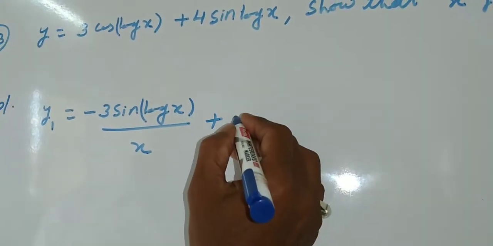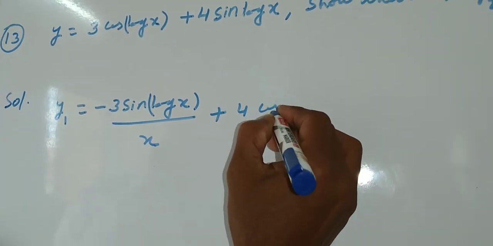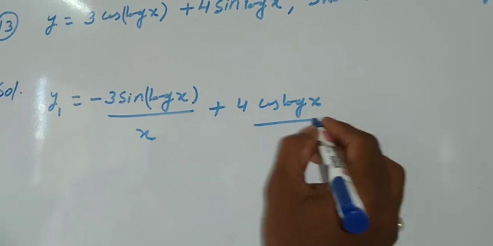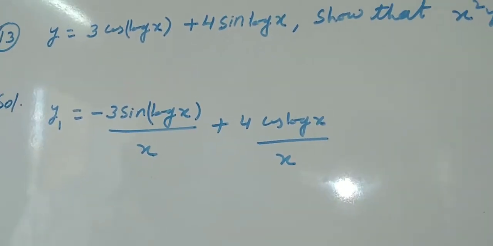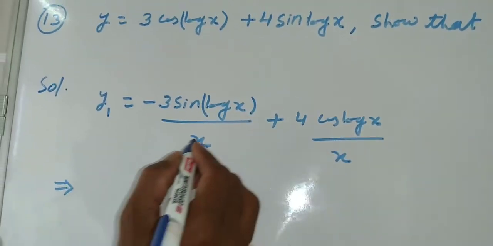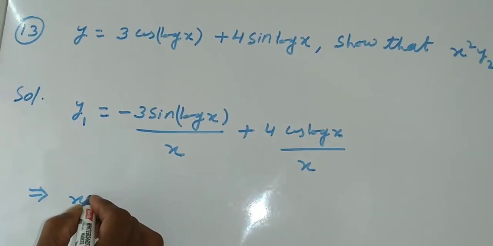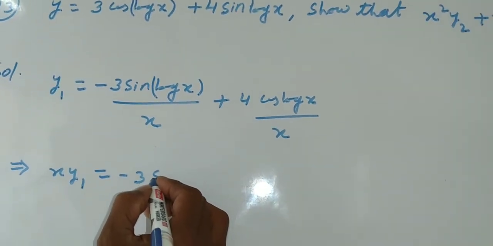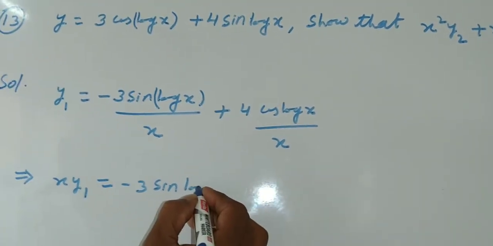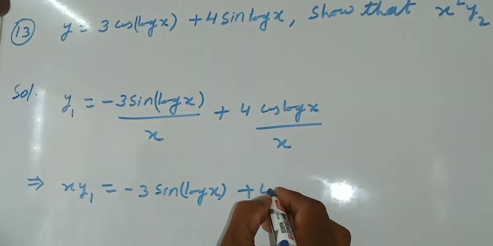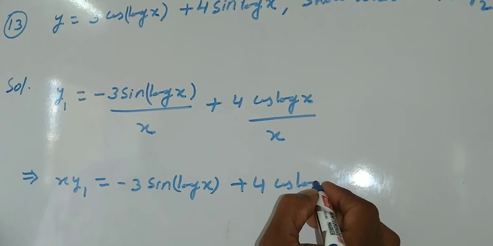Similarly here, 4 cos log x, and the derivative of log x by chain rule is 1 by x. After the first derivative you try to simplify: x y1 equals minus 3 sin log x plus 4 cos log x.